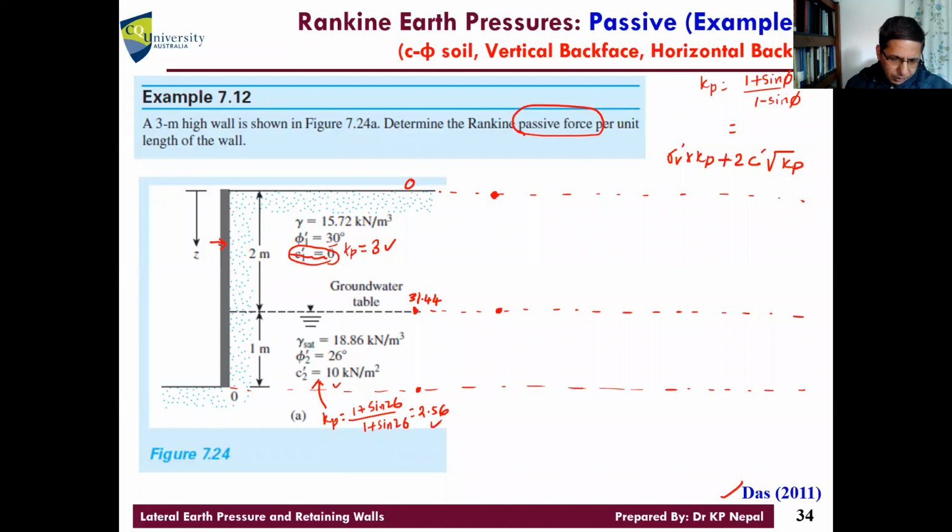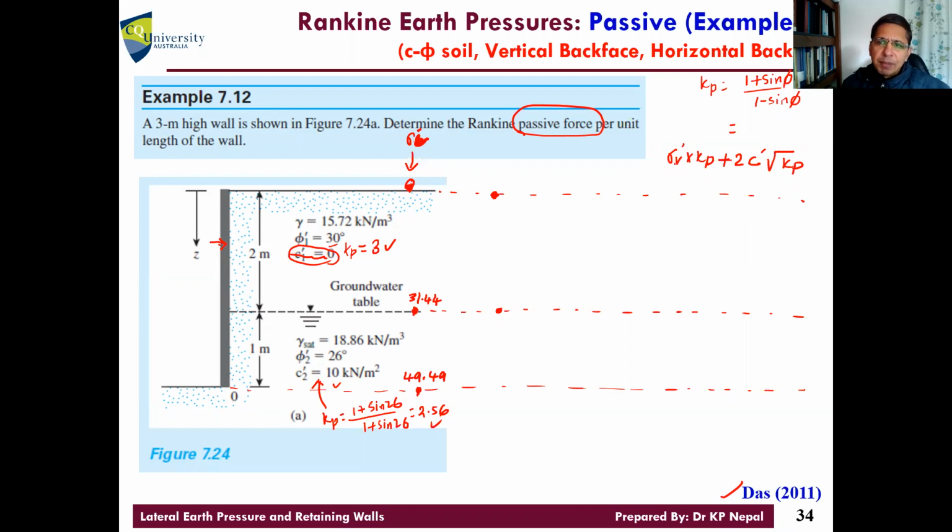Did I calculate it correctly? 49.49 here, vertical pressure. I'm just computing vertical pressure along this line, sigma V dash. Different books write it differently, don't worry. So over there is 0, over here is 31.44, and this is 49.49.